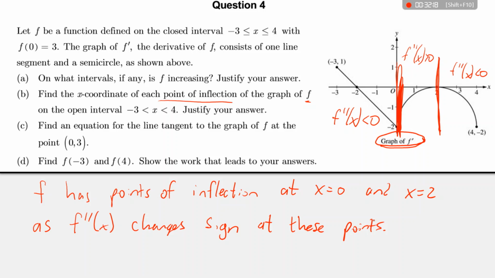A point of inflection is any point where your second derivative is undefined or your second derivative is 0 and the concavity changes sign. So our concavity changed from concave down to concave up at x equals 0 and from concave up to concave down at x equals 2.